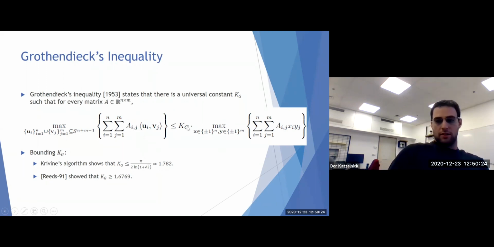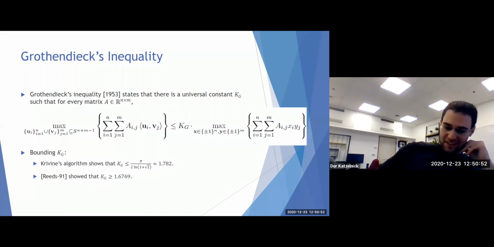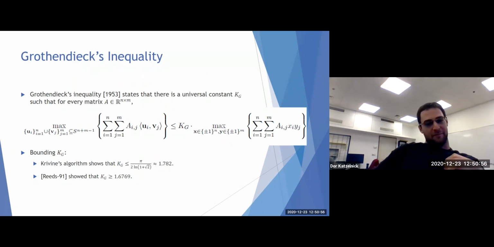So there is a universal constant KG such that for every matrix A, the left-hand side is at most KG times this value. This inequality dates back to the 1950s. So probably Grothendieck didn't care about correlation clustering or max biquad or even approximation algorithms at all, because it was long before we even started to talk about P versus NP.